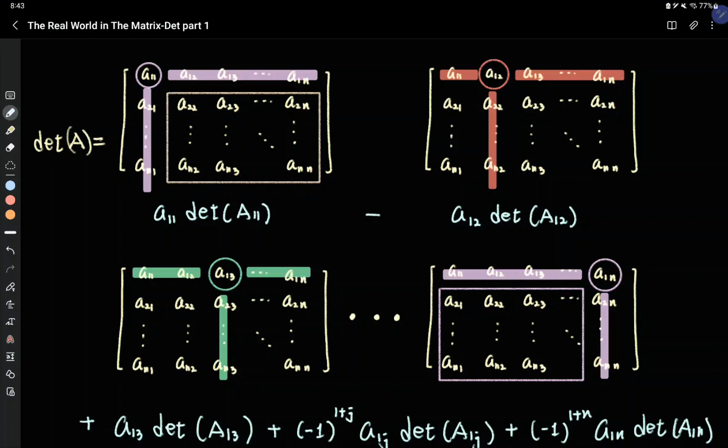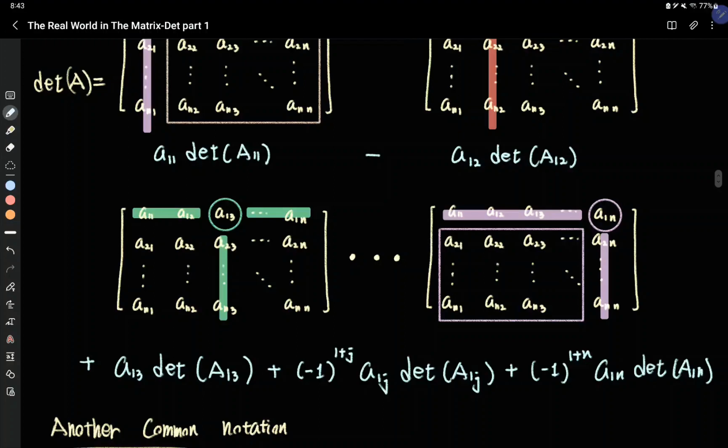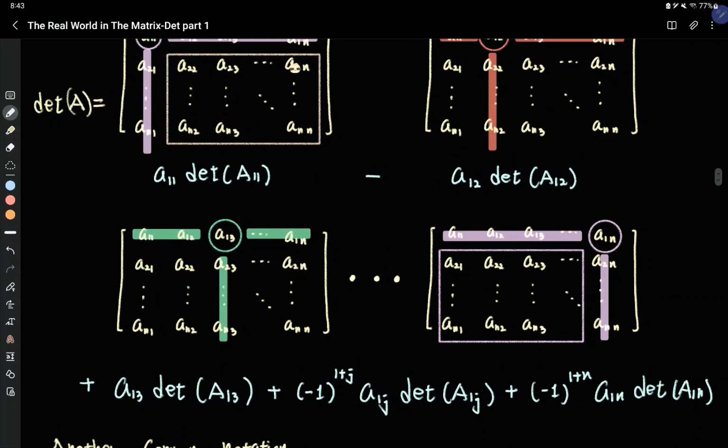For example, if we choose the second row, you just find the submatrices corresponding to a sub 2 1 through a sub 2n, and then apply that formula. Instead of the first-row entries, use the entries in the second row and the corresponding submatrices, and you still get the same value for the determinant of A.